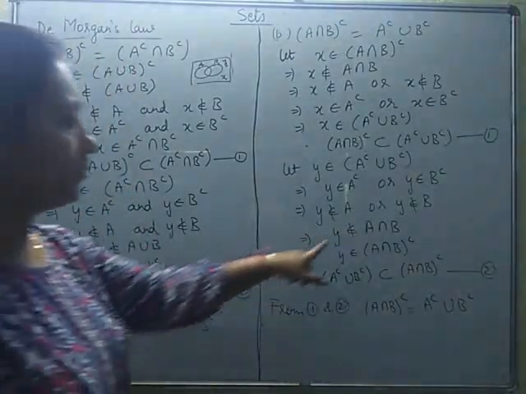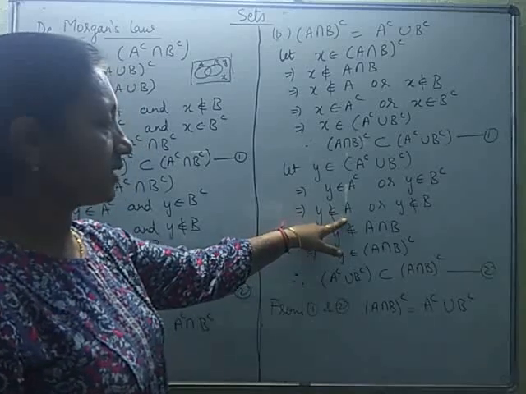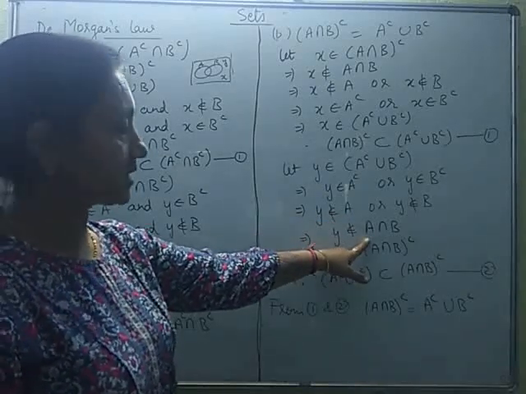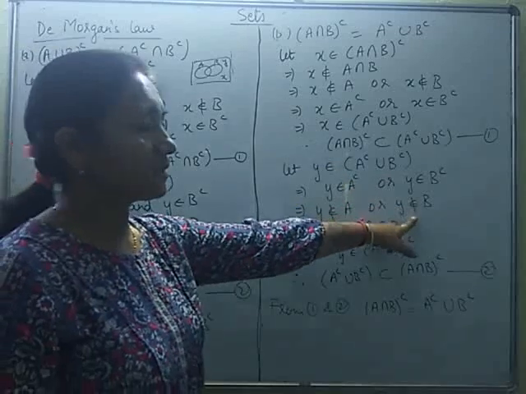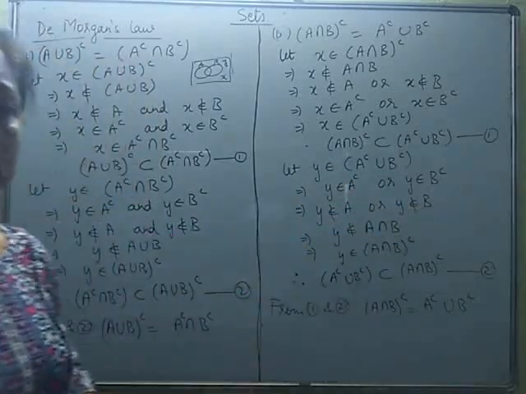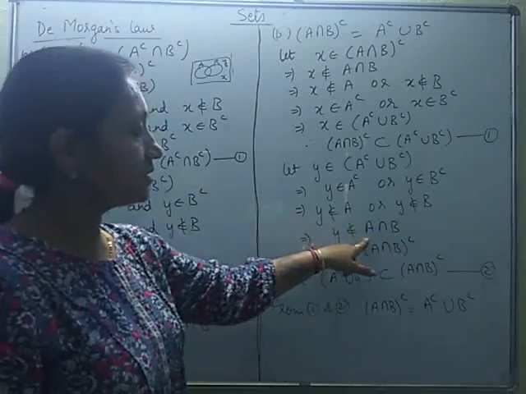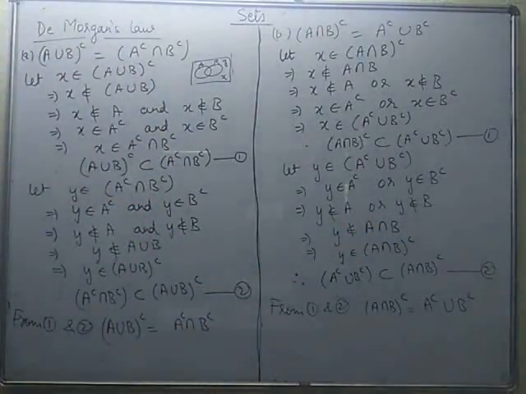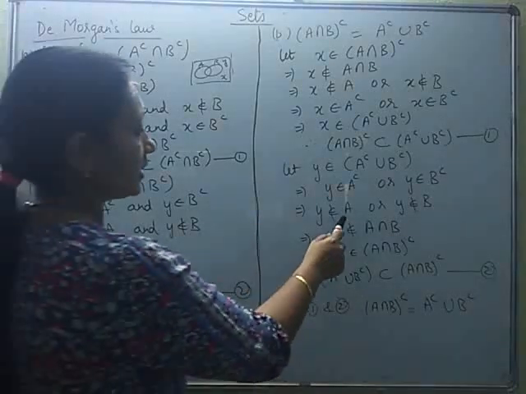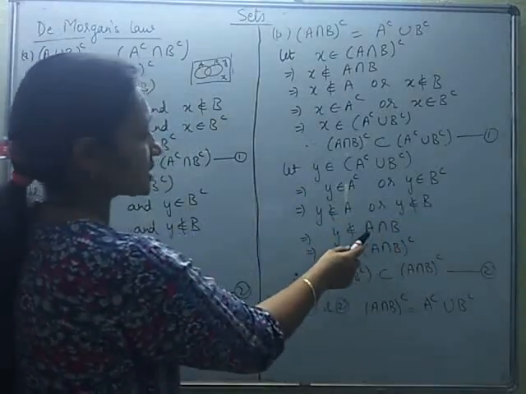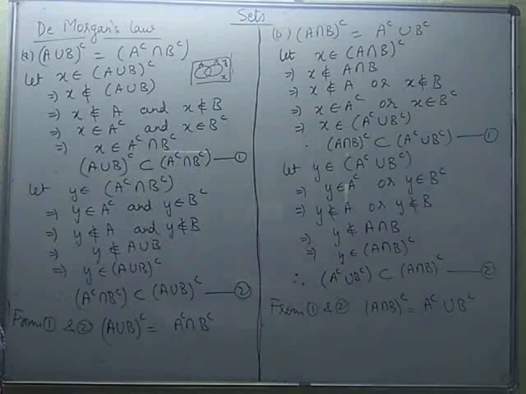Let us see how. Suppose X is not in A, obviously it will not come in the intersection. Or suppose it is in A but it is not in B, then also it will not come in the intersection. And if it is not in any of these sets, then also it will not come in the intersection. Only in case it is available in both the sets, then it will come in the intersection.